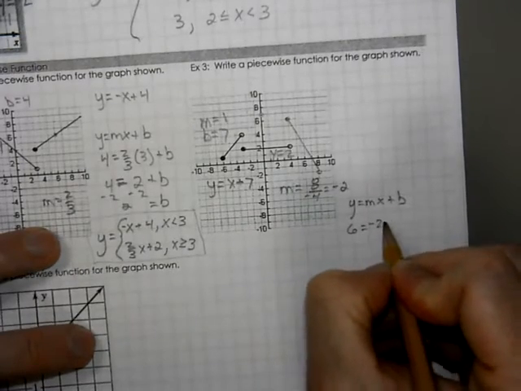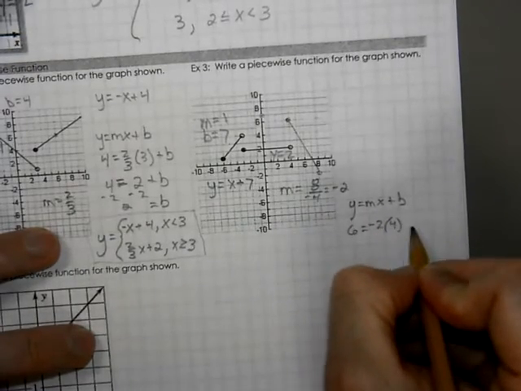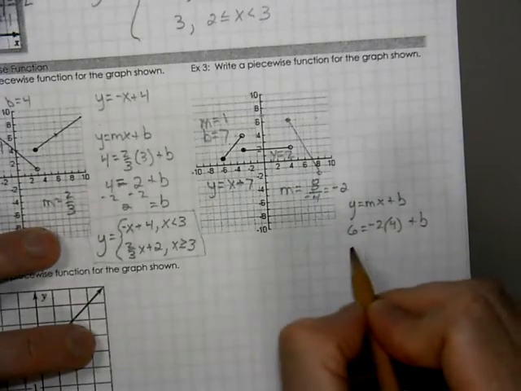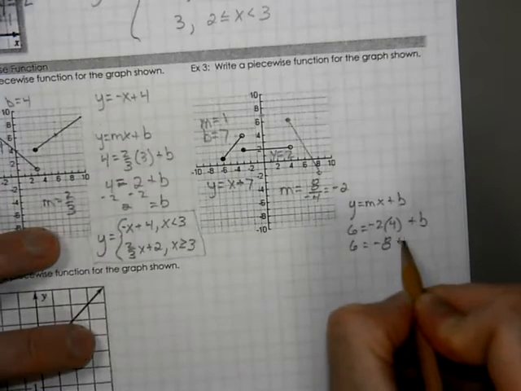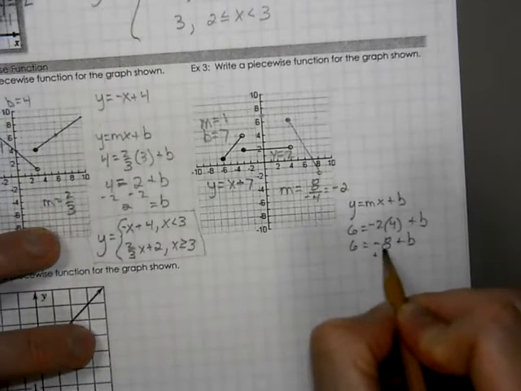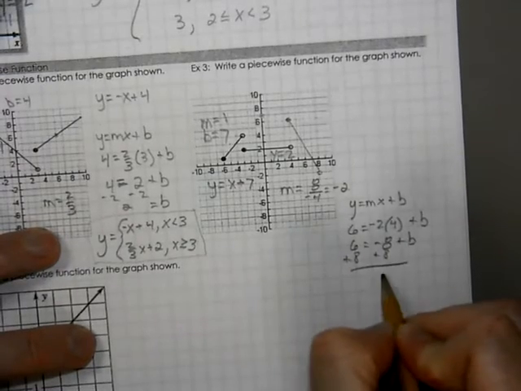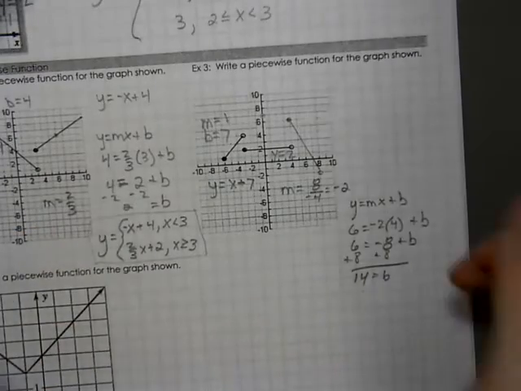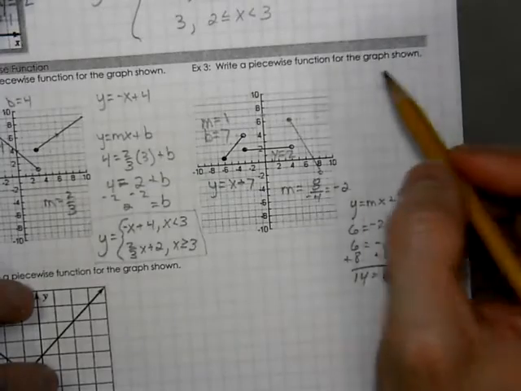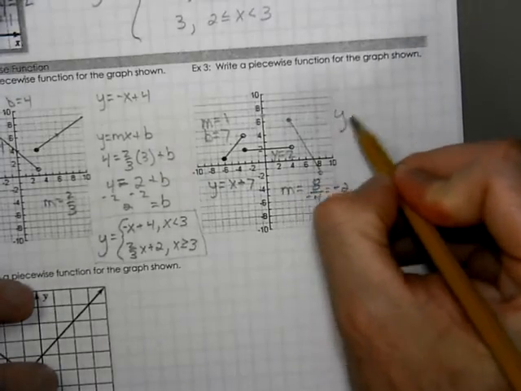Our slope is negative 2. 4 for the x. This becomes negative 8. And when we add the 8 to the other side, we get this b value to be 14. So I'm ready to write my piecewise.